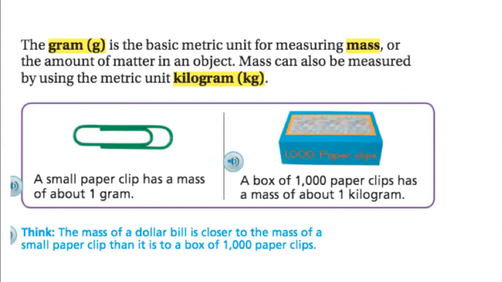Mass can also be measured by using the metric unit kilograms. So like I've said before, a small paper clip has a mass of about 1 gram. A box of 1,000 paper clips has a mass of about 1 kilogram. So think about it. The mass of a dollar bill is closer to the mass of a small paper clip than it is to a box of 1,000 paper clips.